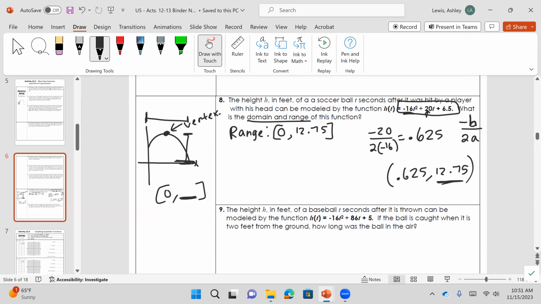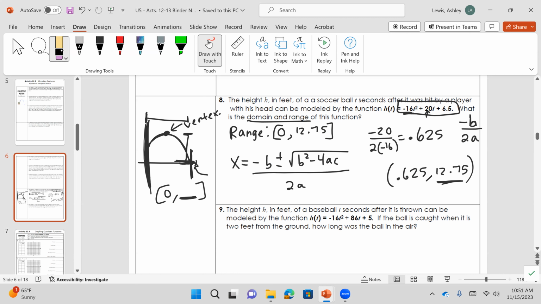Now let's talk about the domain. Domain is time, the x-axis. So time in seconds starts at 0 seconds, and then how long does it take for it to hit the ground right there? So we need to find this x-intercept, and we're going to use the quadratic formula. So x equals negative b plus or minus the square root of b squared minus 4ac, all over 2a.